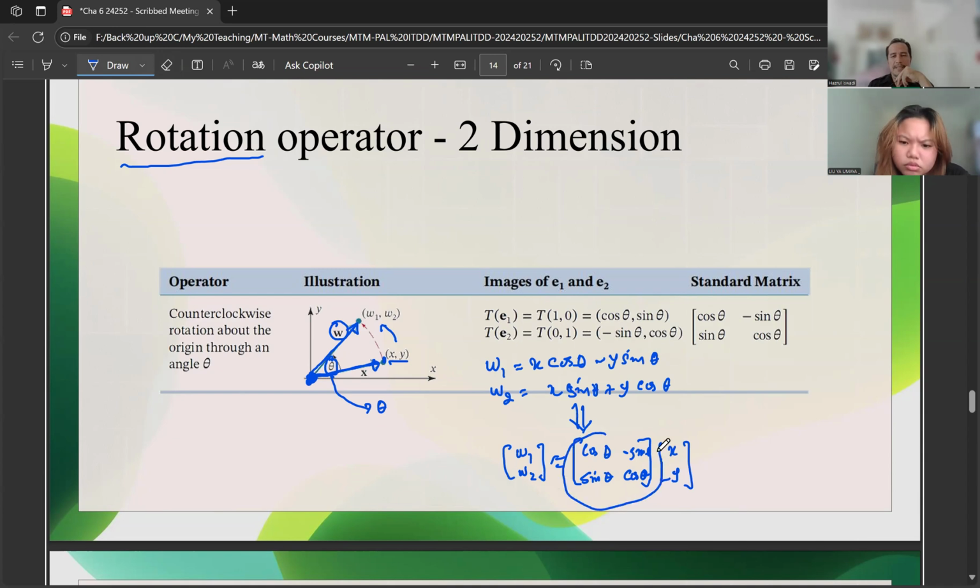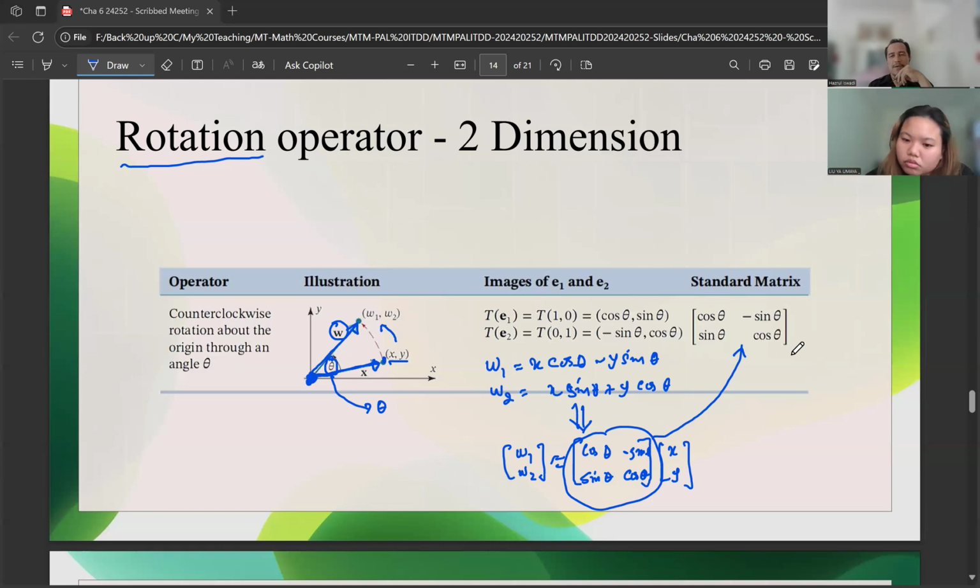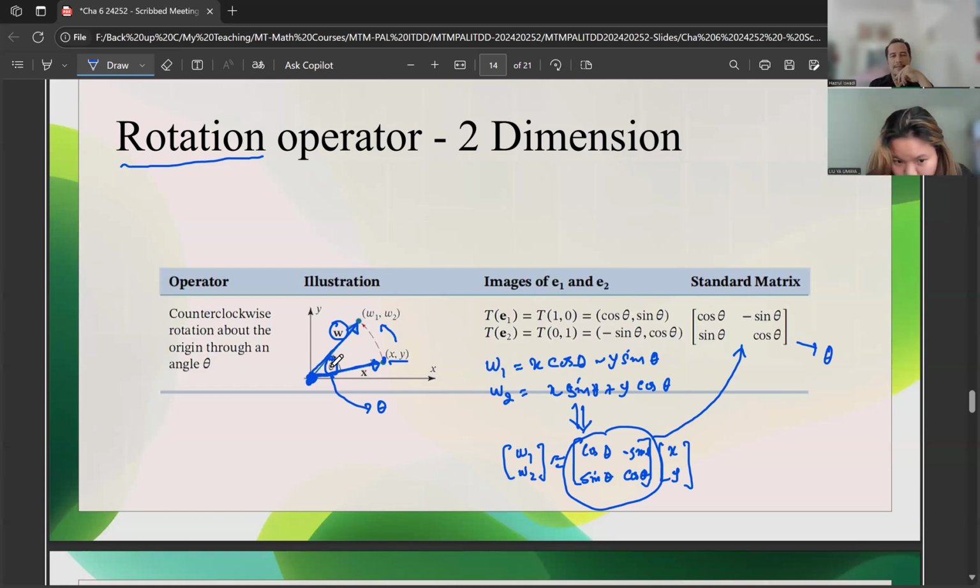So the standard matrix of this rotation in two dimensions is a matrix. This matrix depends on theta. Okay, so if theta is given, we will know the standard matrix.